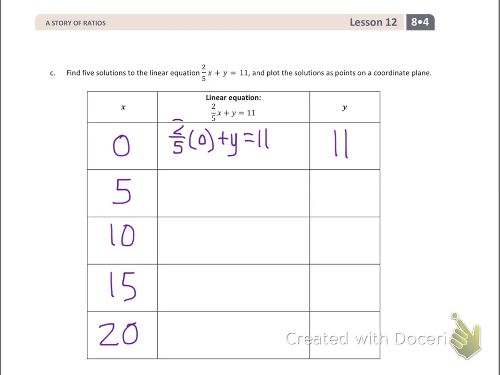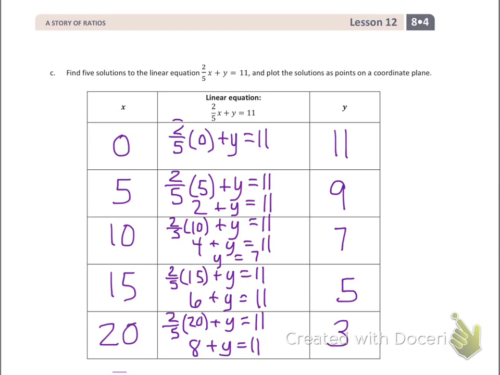So y would be 11. And so on. So go ahead and do the rest of those. Come back and check your work. Okay, so check your solutions here against mine to make sure you're on the right track, and then we will go ahead and graph these on a coordinate plane.